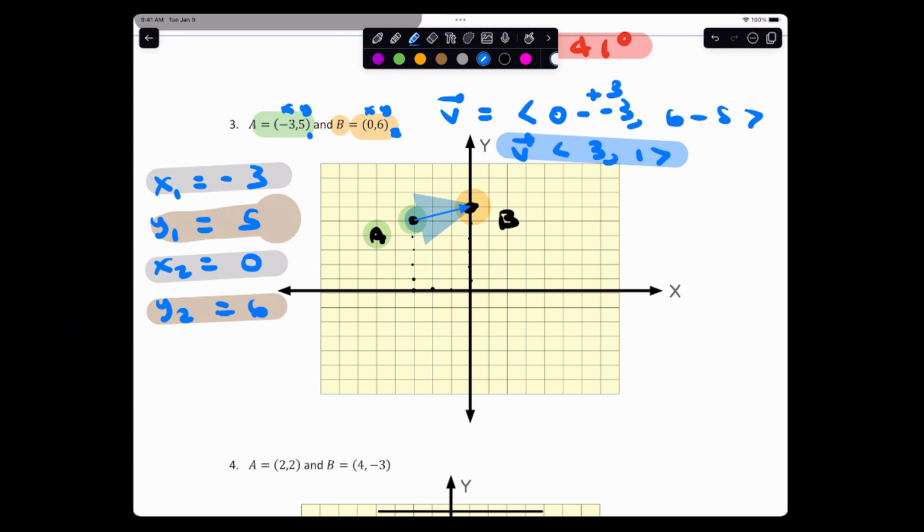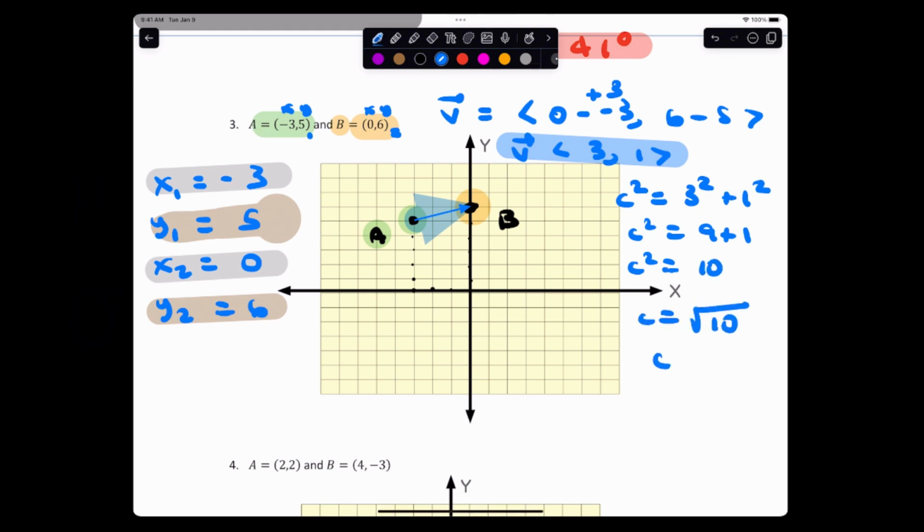Okay, now let's get the length of this vector. C squared is 3 squared plus 1 squared. 9 plus 1 is 10, so C squared would be 10. C will be plus or minus the square root of 10.